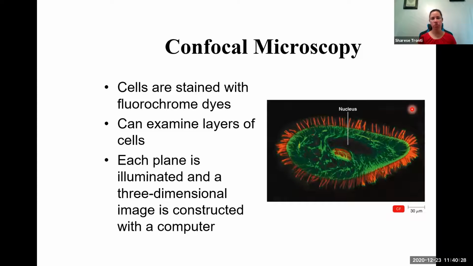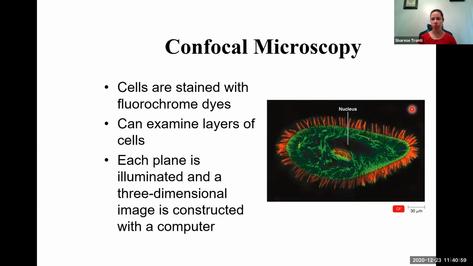And then confocal microscopy is very similar because we're still going to be using those fluorescent dyes, still using UV light, but the confocal microscope is hooked up to a very complex computer program. And that allows us to actually look at all the different layers. So it'll take an image of each layer through the organism, and then put all those images together to form a 3D image.